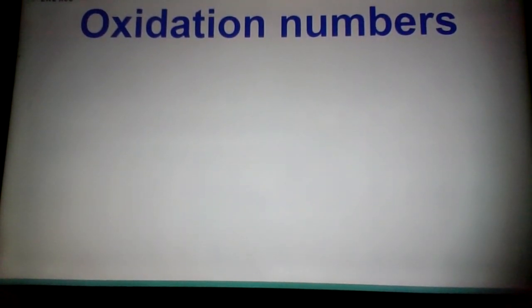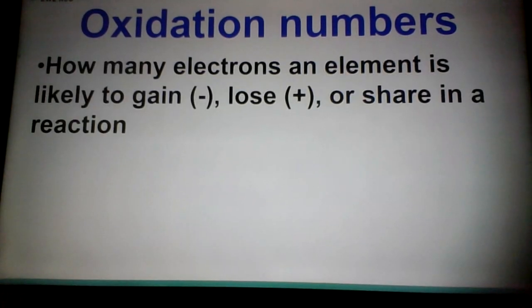Oxidation numbers. You got a handout recently that showed you what's called oxidation numbers, some positives and some negatives. Well, remember, electronegativity deals with the likelihood that an atom will gain electrons. Well, remember, metals give away electrons, and they also have oxidation numbers.